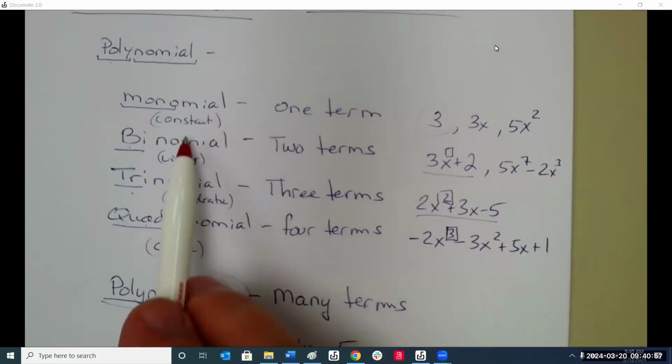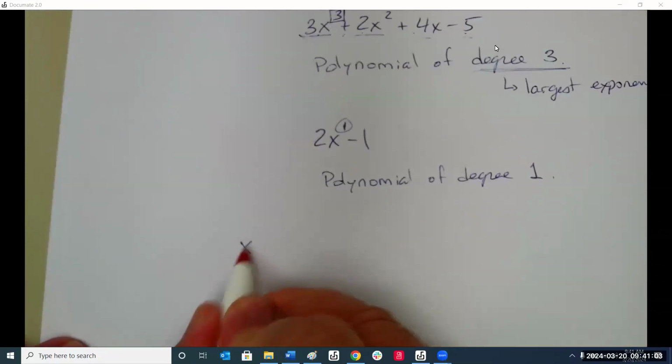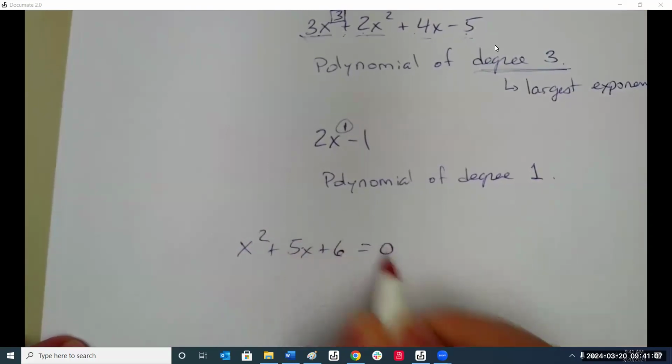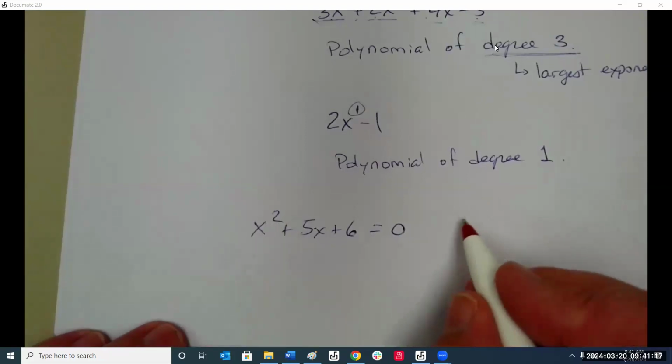we've solved monomials and binomials and trinomials. We've solved stuff like x squared plus 5x plus 6 equals 0. That's for what kind of polynomial? It's a polynomial of degree 2.